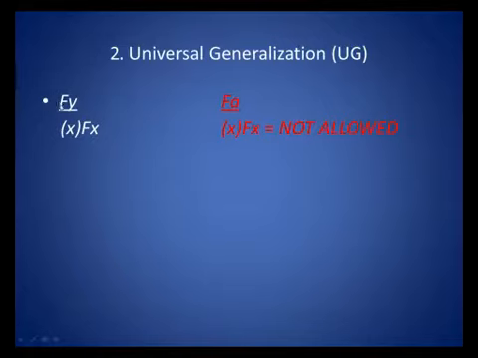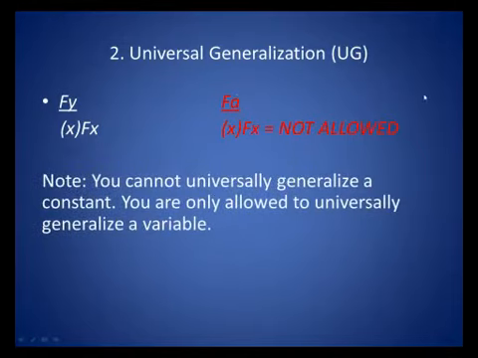So in this case, I have statement function fy. I can quantify it to say for all x, fx. What I am not allowed to do, hence the reason this is in red, is go from a constant to a universal. And there's a few reasons for this.